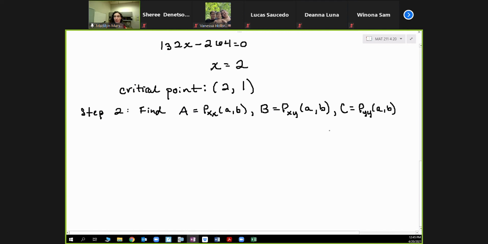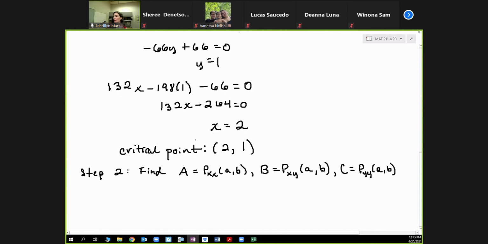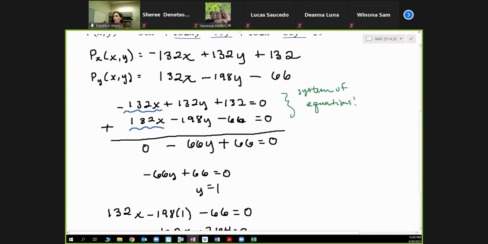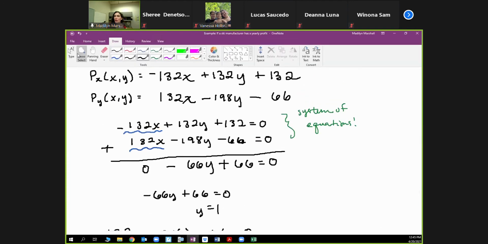So we'll have to find each of these second order partial derivatives. I'm going to bring down those first orders. I'm just going to copy and paste these.